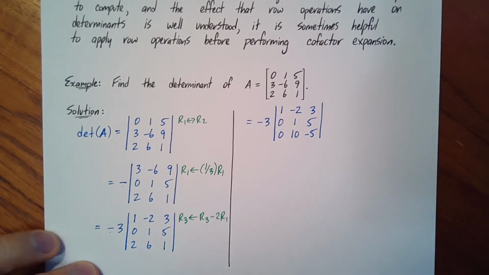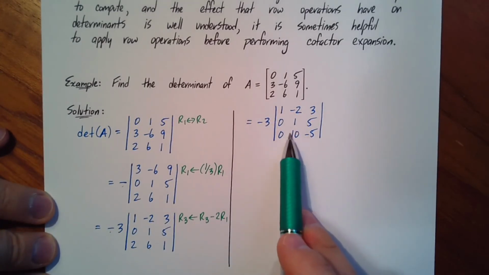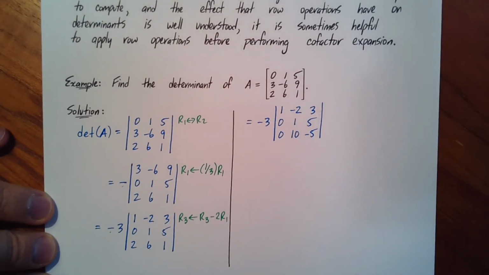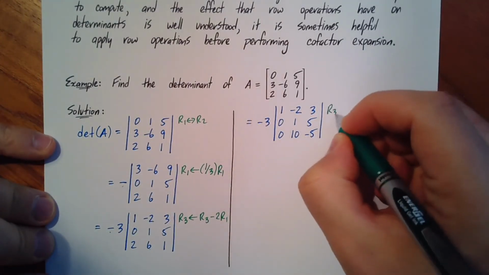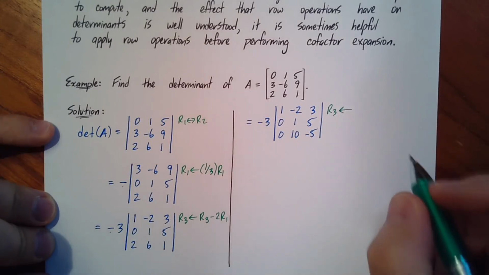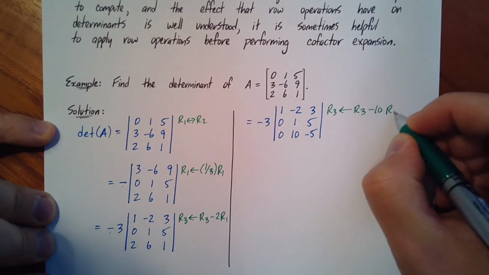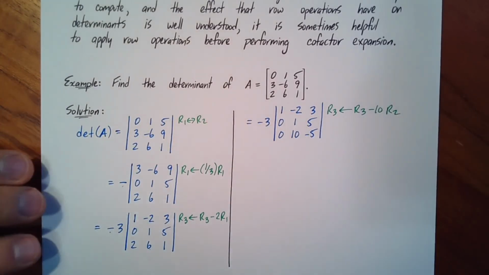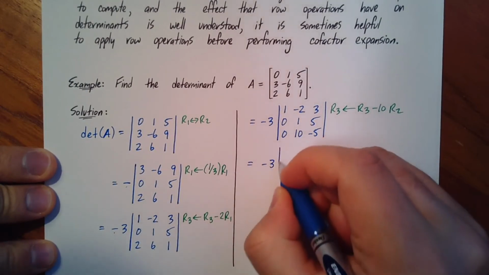Let's take row 3 and subtract row 2 10 times, and that'll turn this into a 0. Then we'll be upper triangular, and then we can just take the determinant by multiplying the entries along the main diagonal. So we will take row 3 and replace it with row 3 minus 10 row 2. All right, so the -3 is going to stay out front.